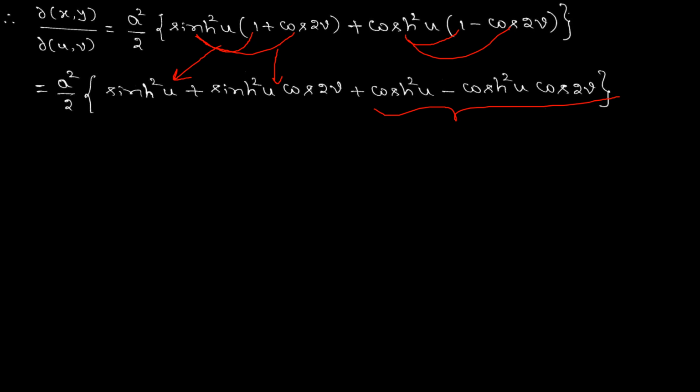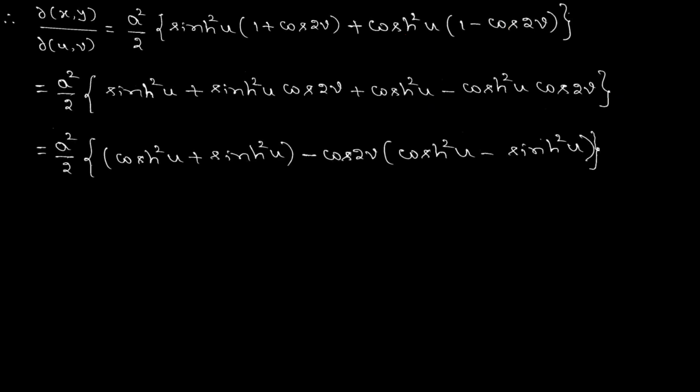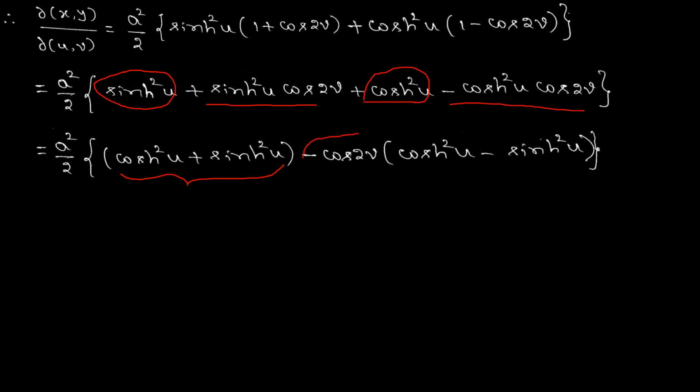Now let us assemble the terms. Here we have assembled cosh square u and sinh square u to write here. Now we will assemble these two terms by taking minus cos 2v as common from these two terms.